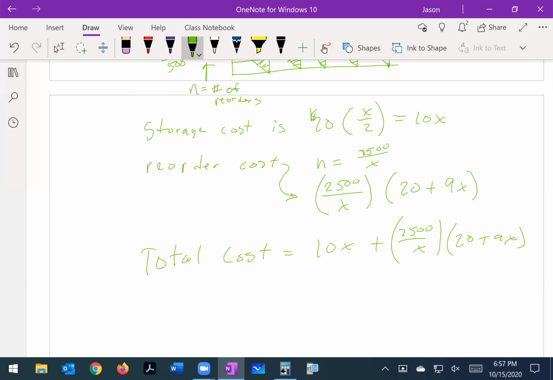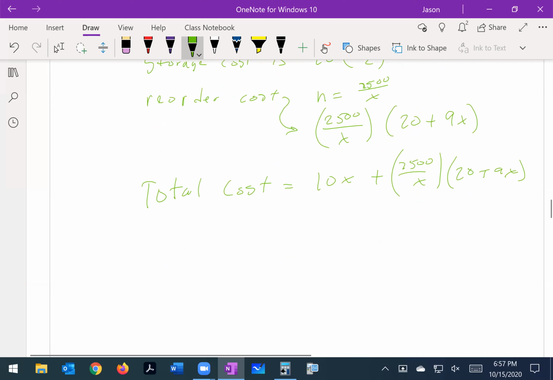I want to find the optimal lot size, the one that minimizes my inventory cost. I'll just call it inventory cost, which is going to be 10X.